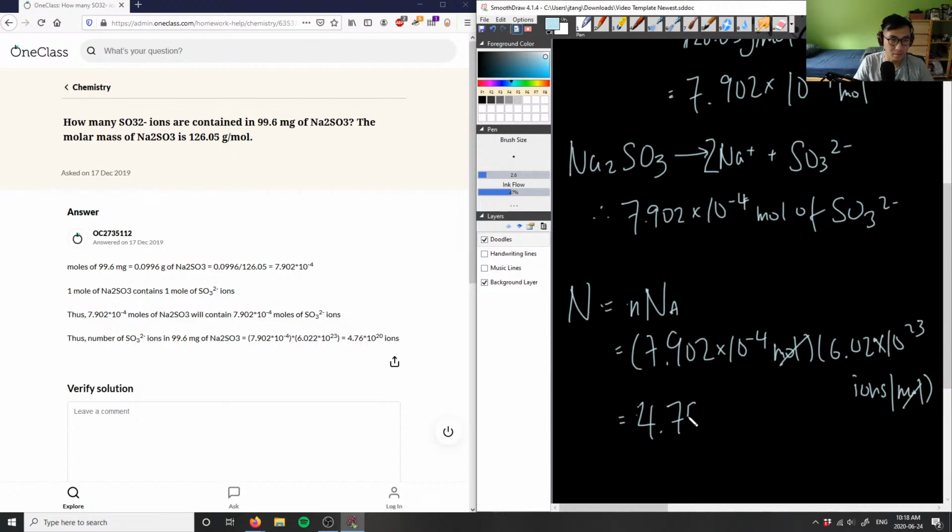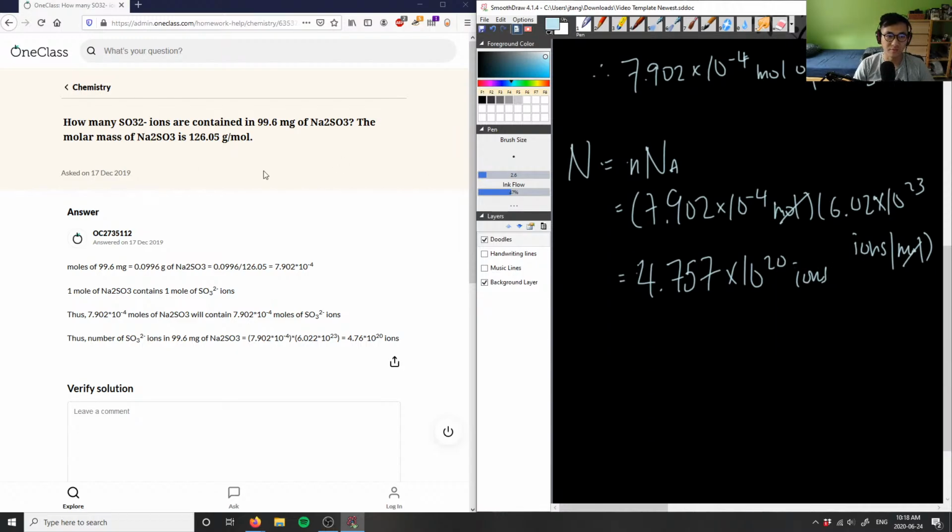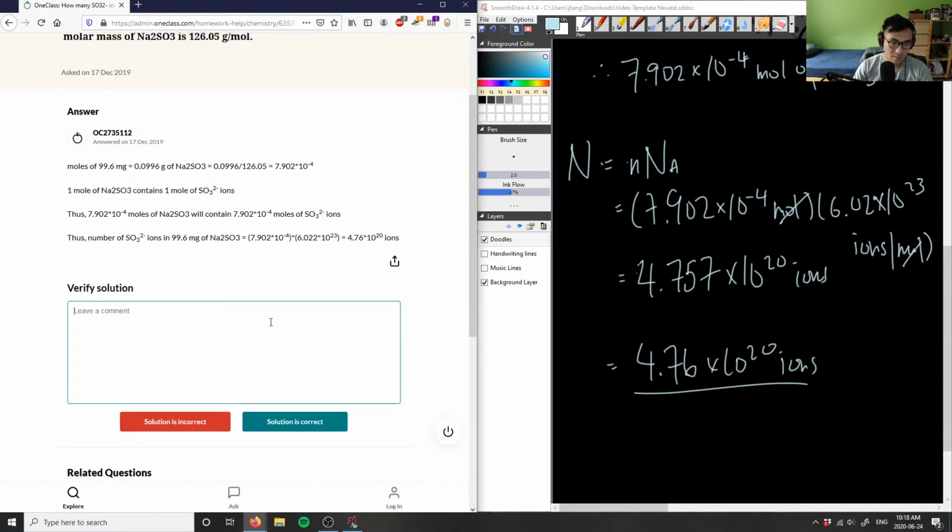Let's see how many, 75, write 757 first. Ions, and then what we want to do is look at our significant digits, right? So we have 3 significant digits here and 5 here, so we would follow these 3 here. So therefore, we have 4.76 times 10 to the 20 ions here. So this is our solution for this problem, and as you can see, the solution is also correct.